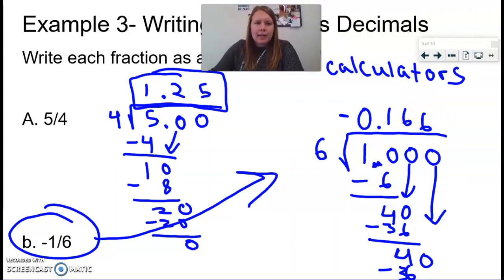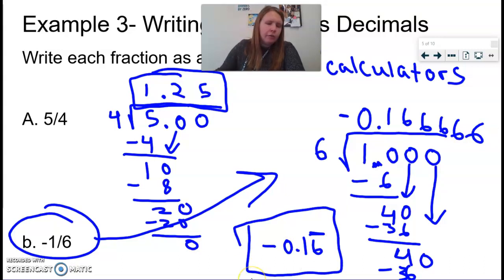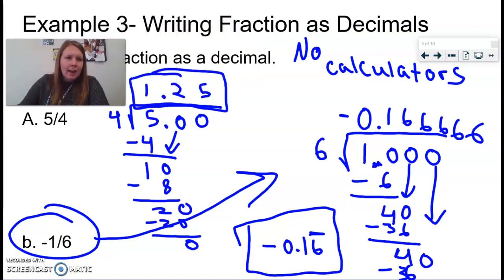So if I'm going to write this out then, I would say that my solution is negative 0.16 repeating. If I kept doing it, it's just going to keep going and going. So in mathematics, we like to put that little line over it to just show that that's going to be a repeated decimal.